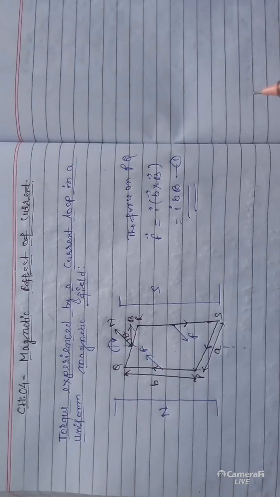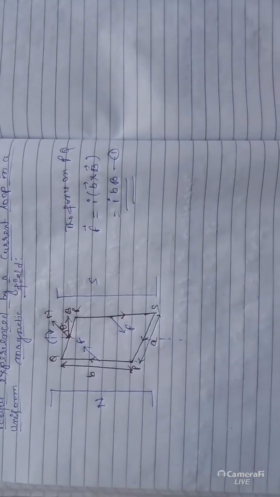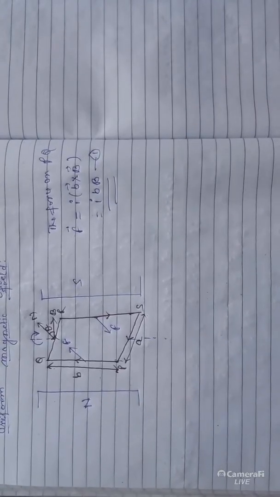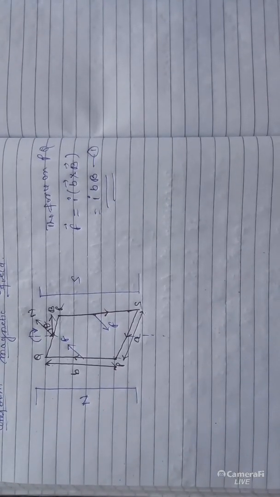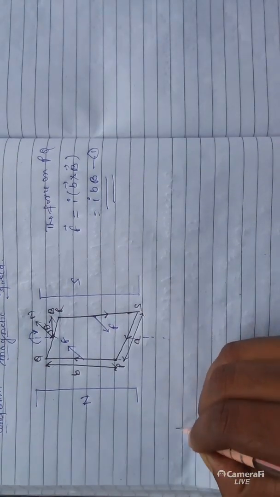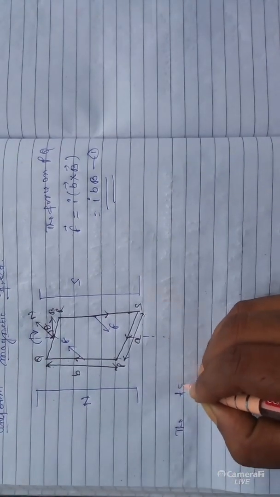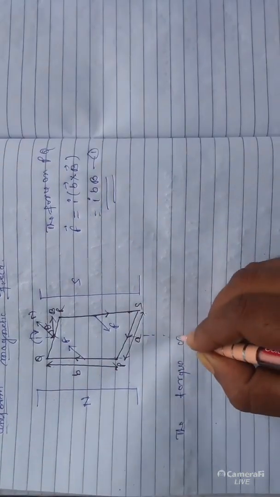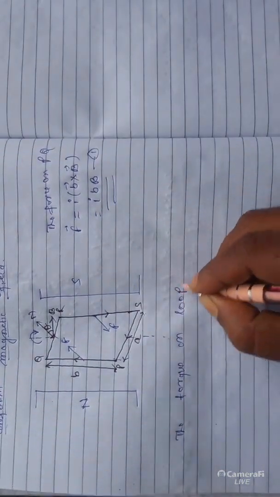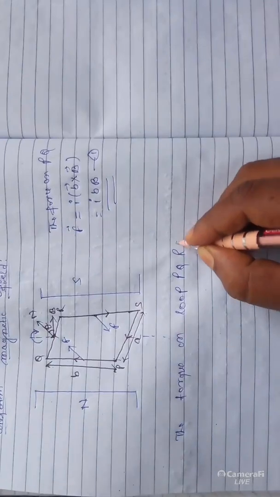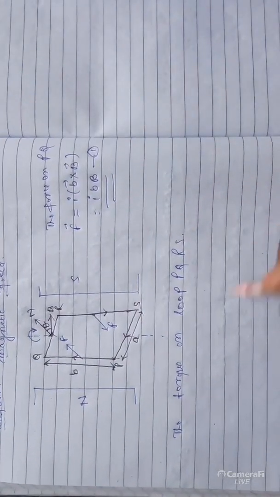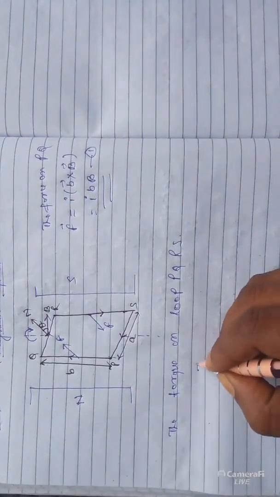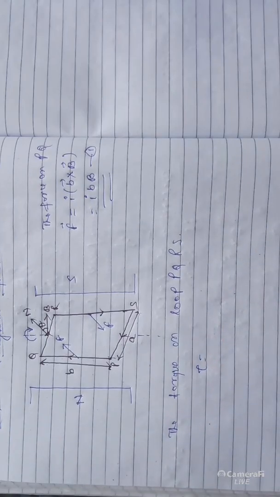Now what will be the torque on the loop PQRS? What is the formula of the torque? Torque tau is equal to force into perpendicular distance.